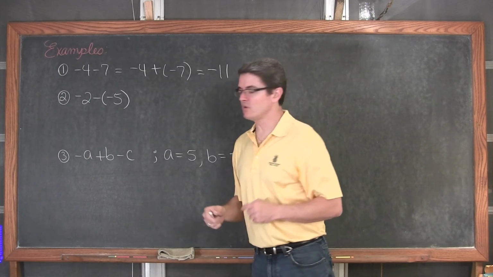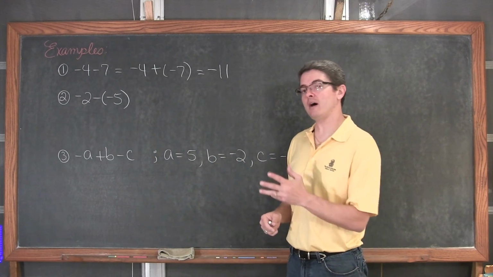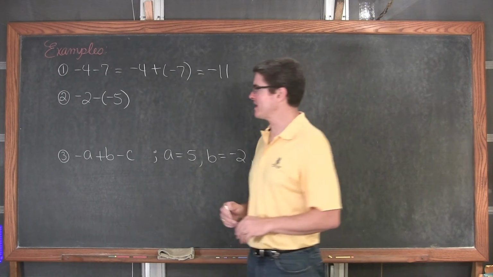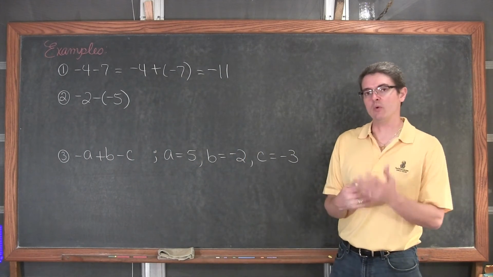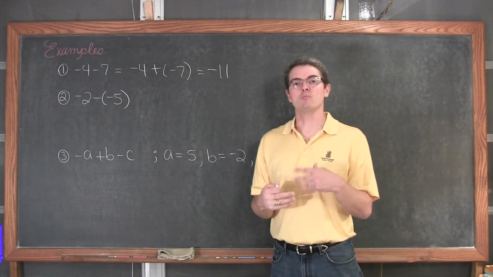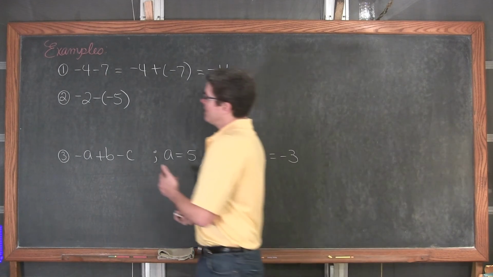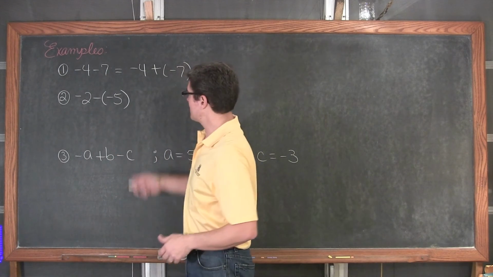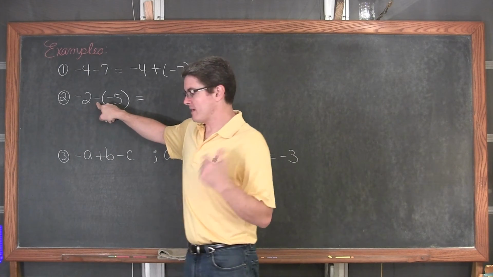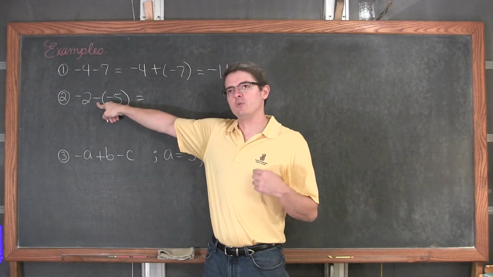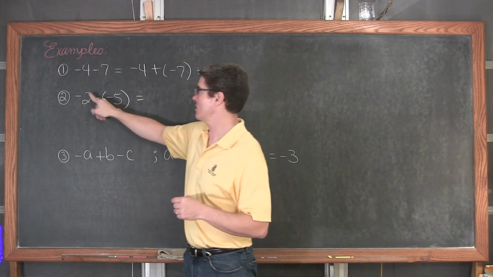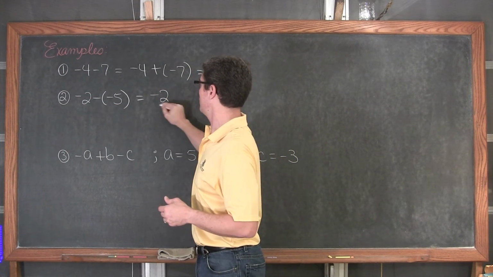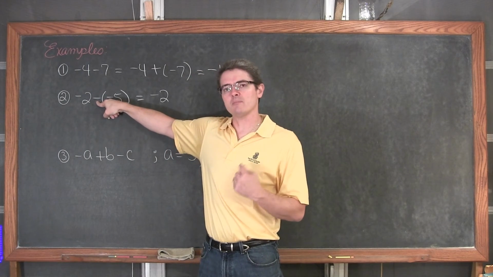Here we have -2 minus -5. Well, I'm actually going to show you two ways of thinking about this. The second way is going to give you a hint as to how you multiply with signs. But for now, keeping with the idea that we're adding, if you want to subtract a number, you want to add the opposite of that number. So I want to rewrite -2 so there's not a minus sign.